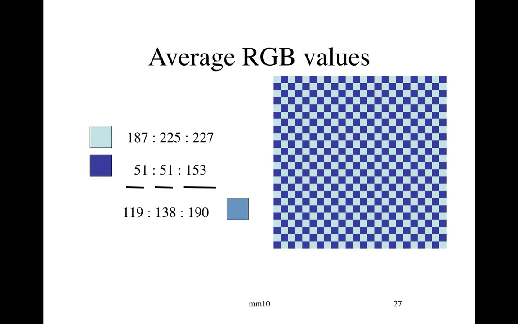The blue value of the light blue is 227, and the blue value of the dark blue is 153. So the average there is 190, which gives us the blue value of the simulated color. So it turns out that 119, 138, 190 is this shade of blue here. My cursor's disappeared.